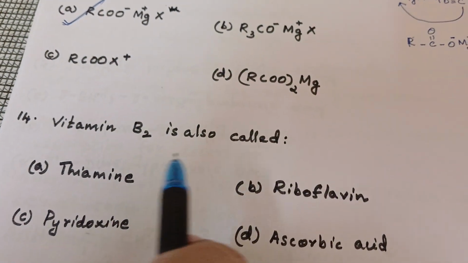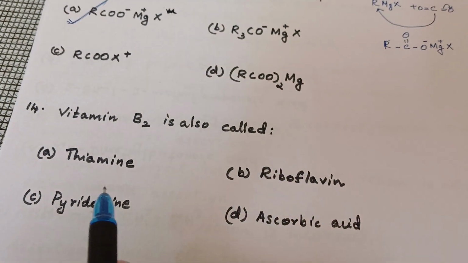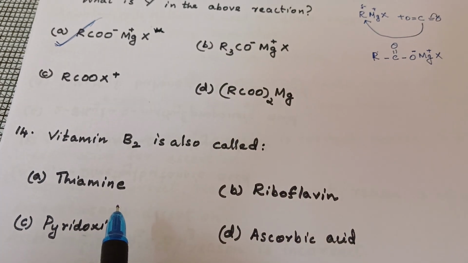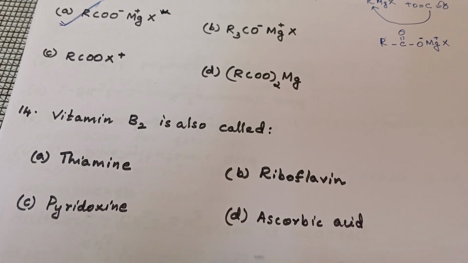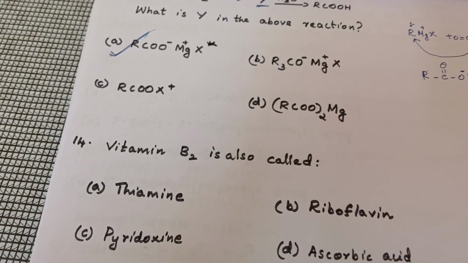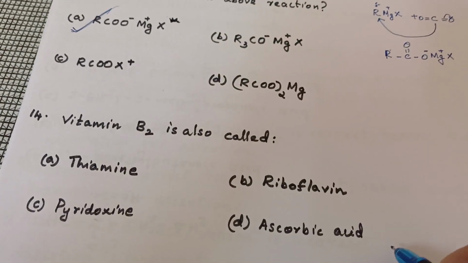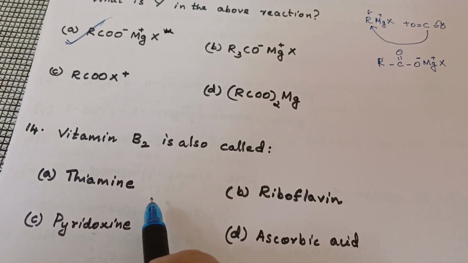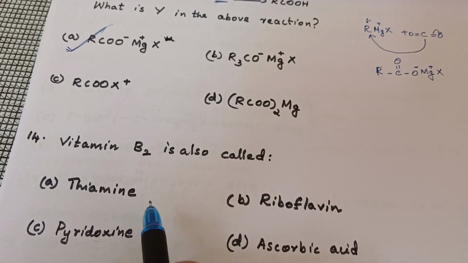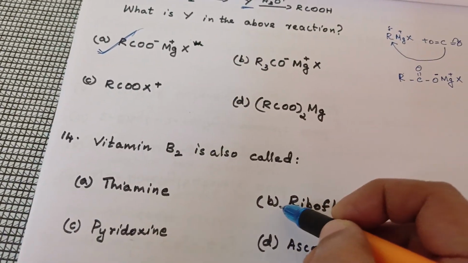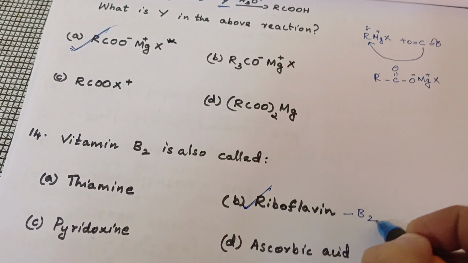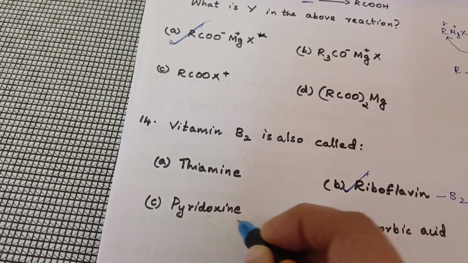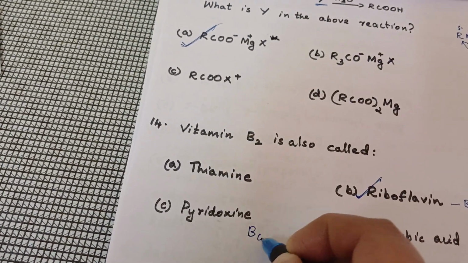Now vitamin B2 is also called, is it thiamine, riboflavin, pyridoxine or ascorbic acid? Ascorbic acid, you know, is vitamin C. And thiamine is B1. Riboflavin is the correct answer. This is B2. And pyridoxine is B6.